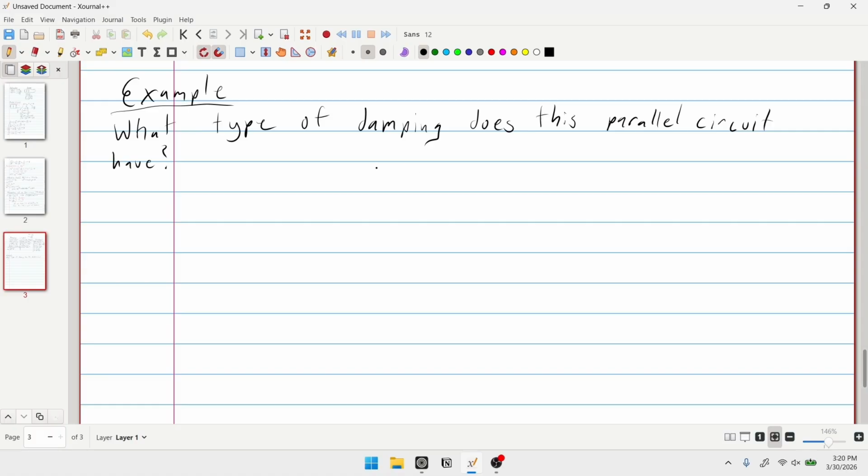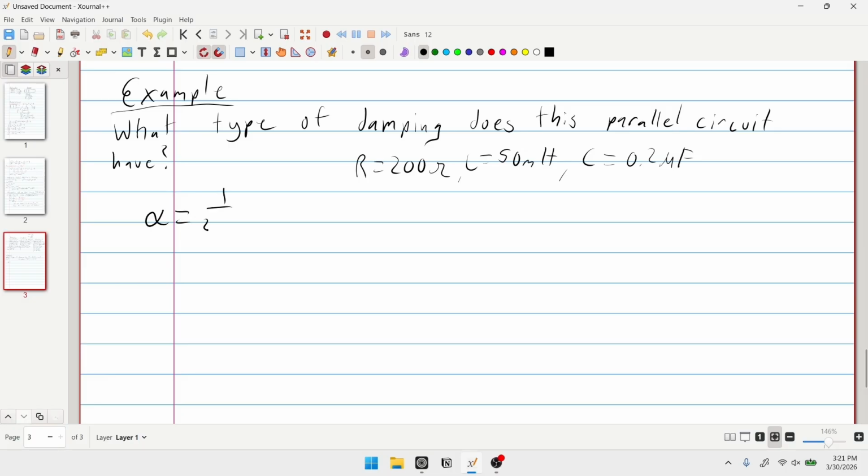Okay, so we're gonna have our resistor equal to 100 ohms, our inductor equal to 50 millihenries, and our capacitor equal to 0.2 microfarads. Alright, so we need to get our parameters for the circuit, and we just need our alpha and our omega naught, our natural frequency.